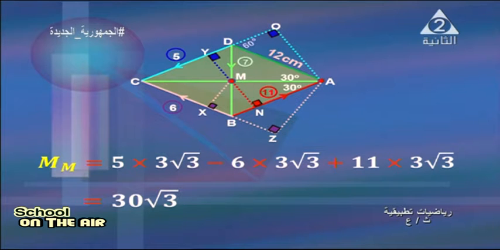When finding the moment about M, we have three forces, 5, 11, and 6. 5 and 11 are anti-clockwise with positive direction, but 6 rotates clockwise with negative sign. Moment about M equals 30 root 3.